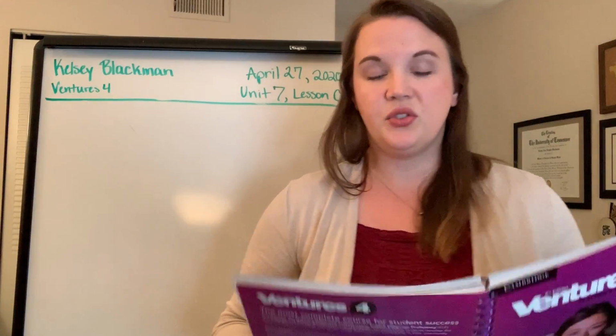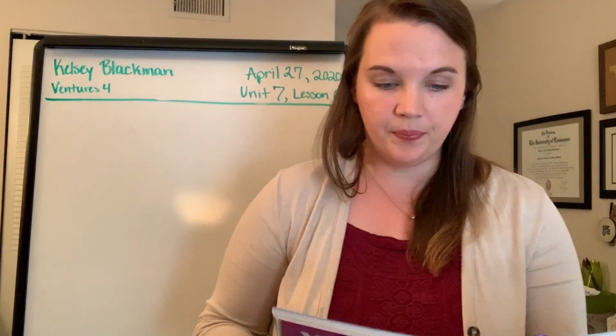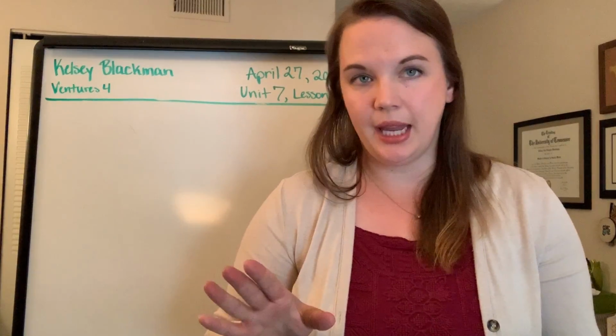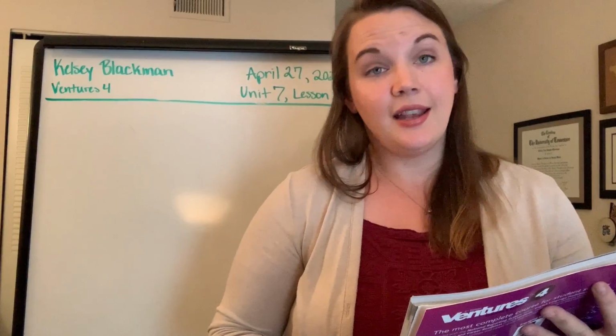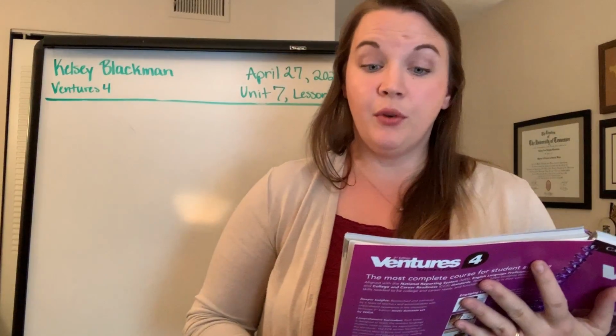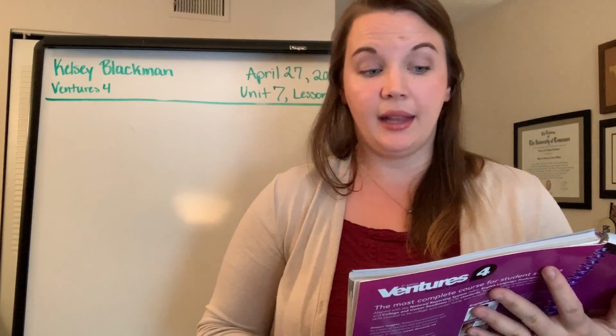So let's look at the instructions here at the top. It says talk with a partner. Obviously, we can't do that. But it says Ted and Lisa got married recently. Unfortunately, they have had some bad luck.